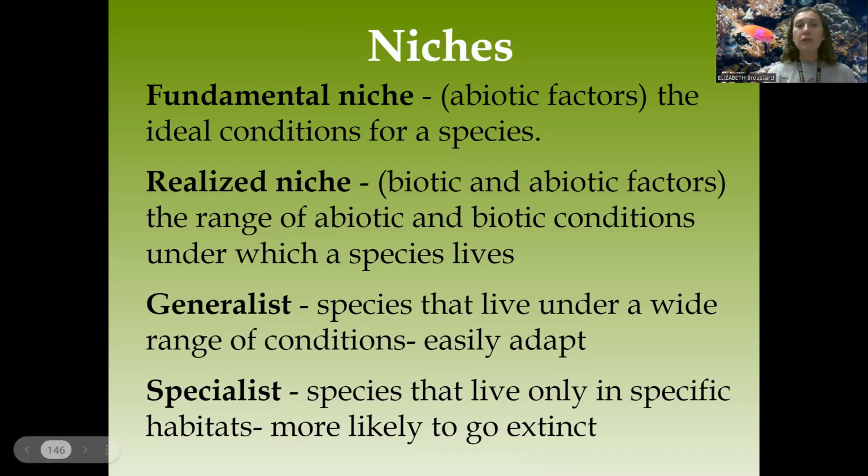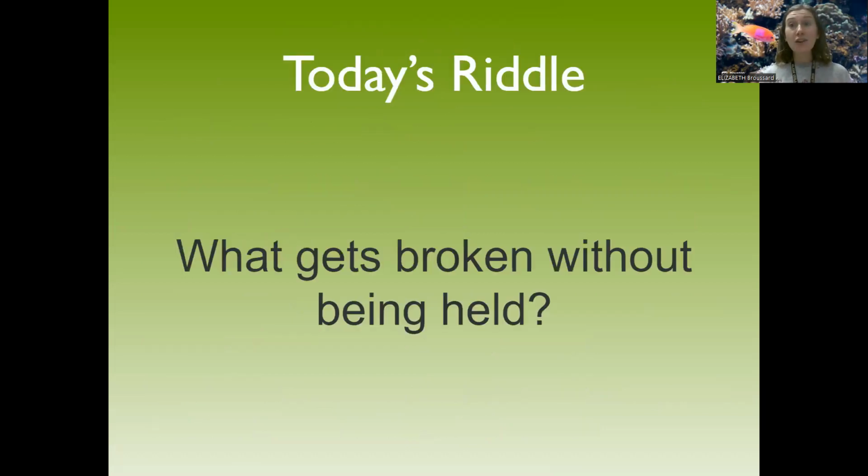And so we really want to think about our specialist species. They are very important to continue keeping when we think about climate change and the change of our world around us.